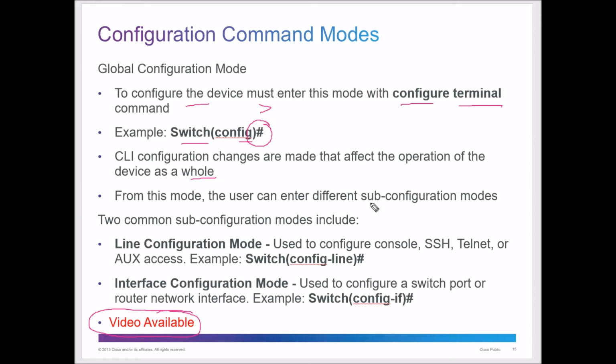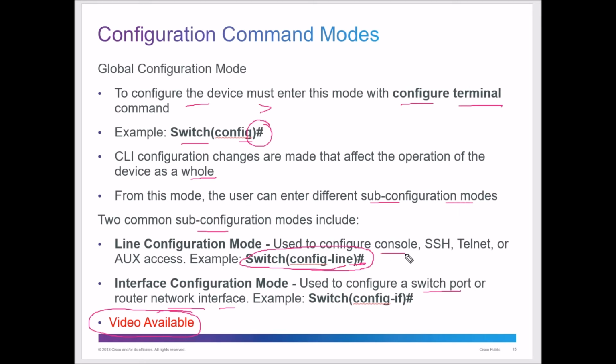We can enter sub-configuration modes as well. So we can go into lower levels or higher levels depending on how you look at it. I look at it as lower levels as we move down through the tree. You have sub-configuration modes. Those are the line configuration mode, where we configure lines, and then the interface configuration mode, which is used to configure a switch port or a router network interface.